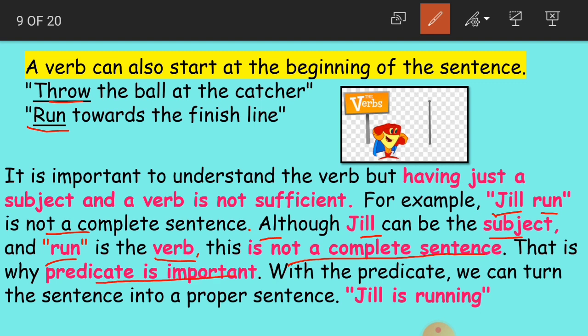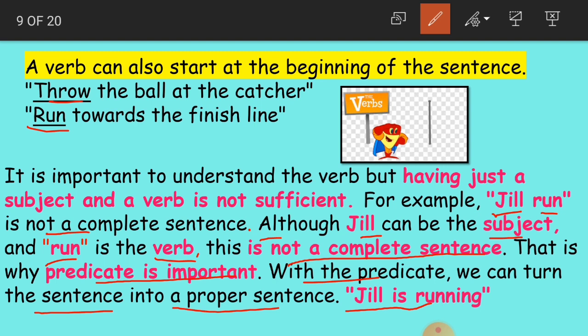So you want to tell that Jill is running. With the predicate, we can turn it into a proper sentence, that is, Jill is running. Our idea was to tell that Jill is running, so we cannot say Jill running.